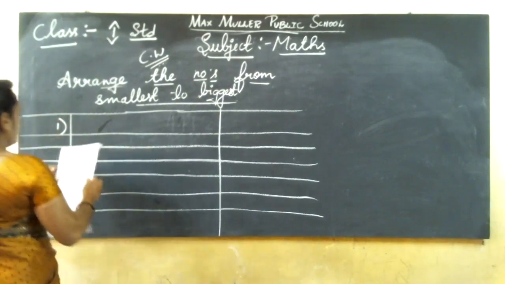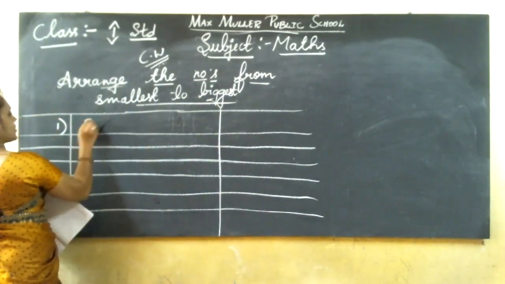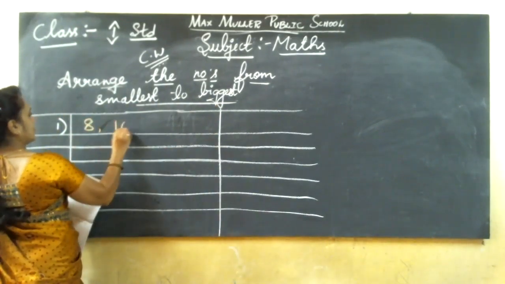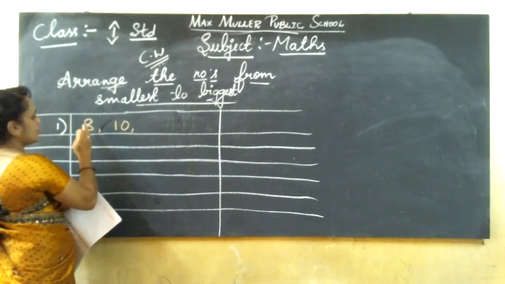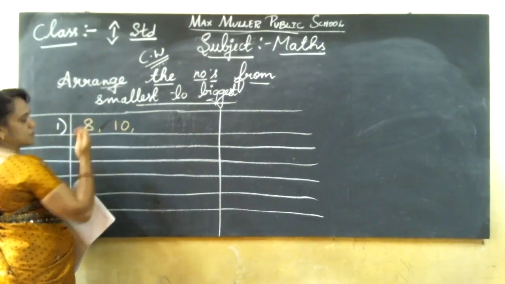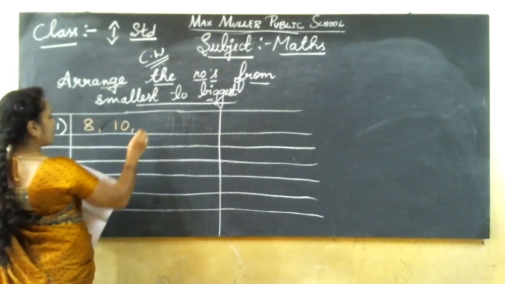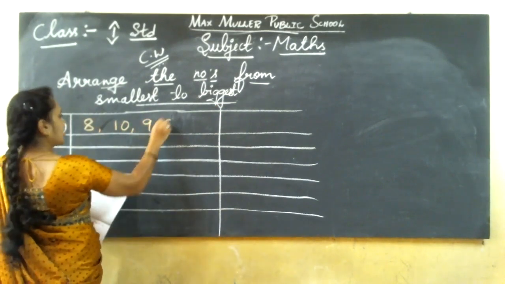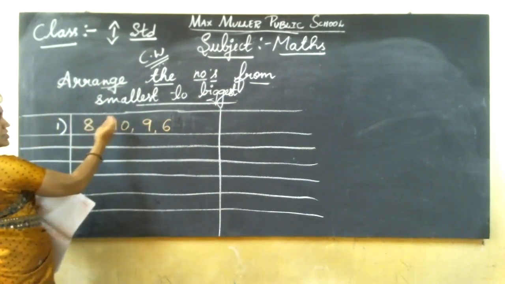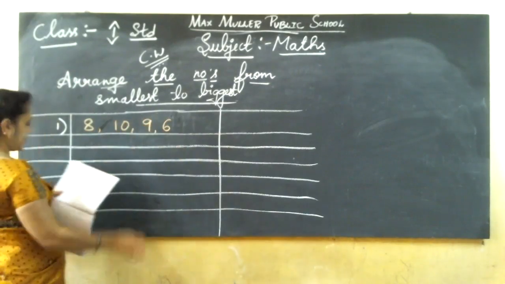After the heading, come to the sum and copy the sum. I told you in the previous class, between each number there must be a finger space gap. Don't attach the numbers and write. If you attach and write, it will look like a phone number. So after one number, leave a finger space gap.